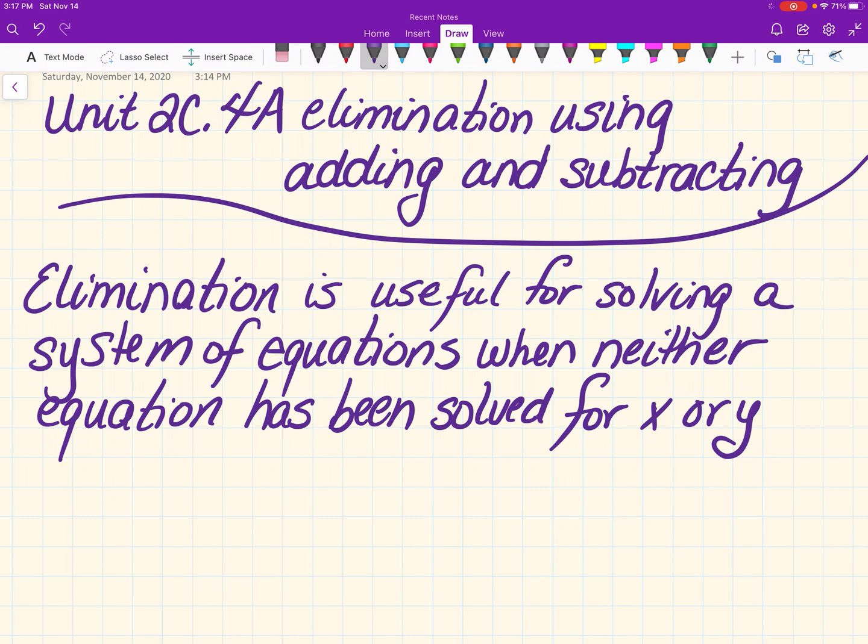Okay? So when substitution doesn't seem like the best choice, a lot of times elimination will be the choice. The whole point is to eliminate an x or a y.